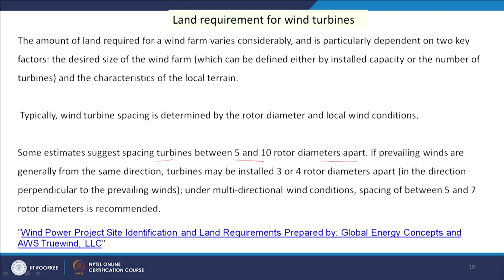If prevailing winds are generally from the same direction, turbines may be installed 3 or 4 rotor diameters apart in the direction perpendicular to the prevailing winds, and under multi-directional wind conditions, spacing of between 5 and 7 rotor diameters is recommended.